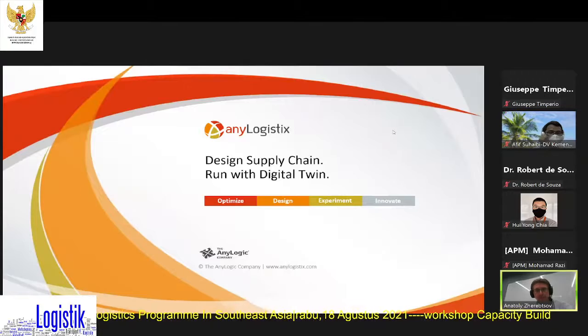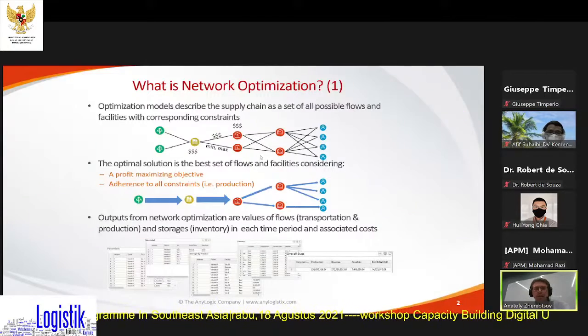So let me start. What is network optimization? When we talk about optimizing supply chains, we consider all possible options that are available within our supply chain. For example, different facilities that we can utilize, suppliers, factories, warehouses or distribution centers, and also possible flows between them.